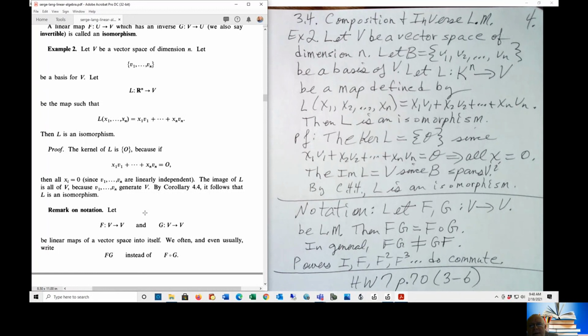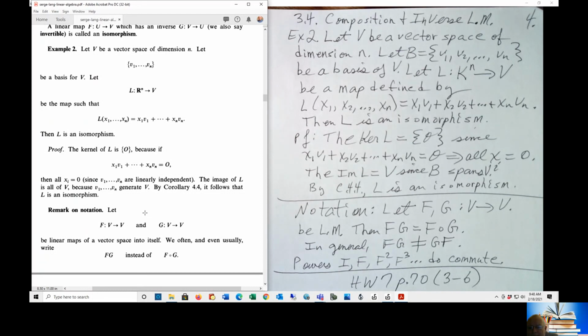Let V be a vector space having dimension n, a finite dimensional vector space. And let B be a basis, v1, v2 through vn. Now, I'm going to go ahead and use Kn because it works for Kn as well.